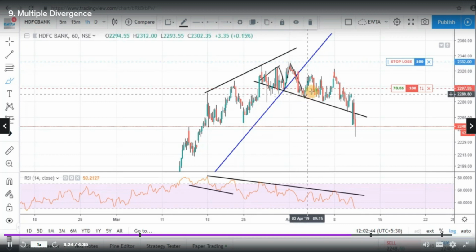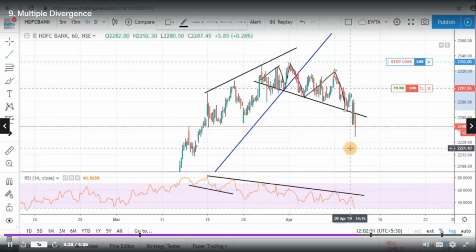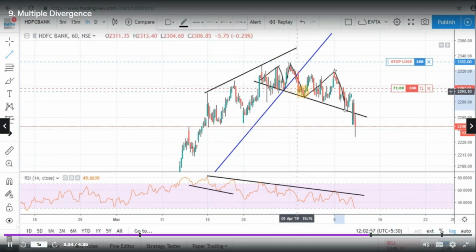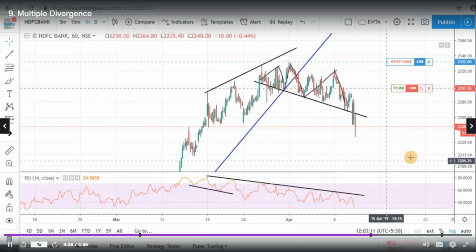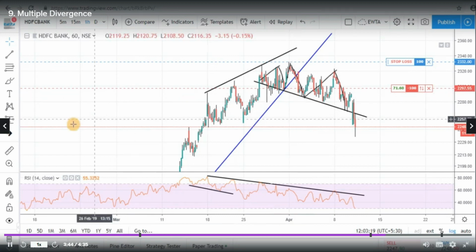You can see there are multiple head and shoulders. So this was a sloping down head and shoulder pattern, that is a very strong reversal pattern. That's why prices were going in sideways range and making this pattern. And now prices have achieved the target of head and shoulder pattern that you will learn in the later lectures.